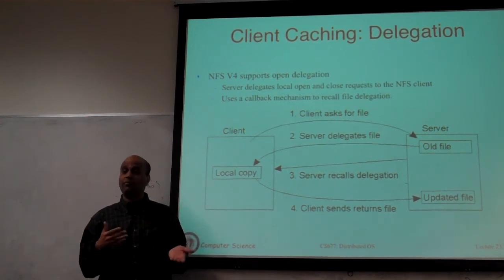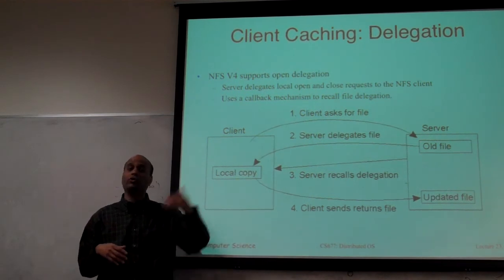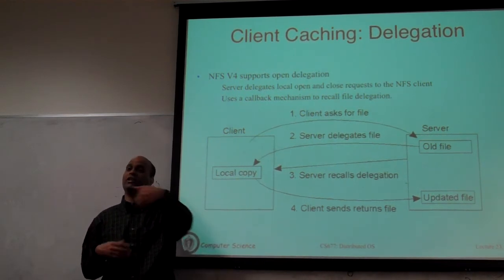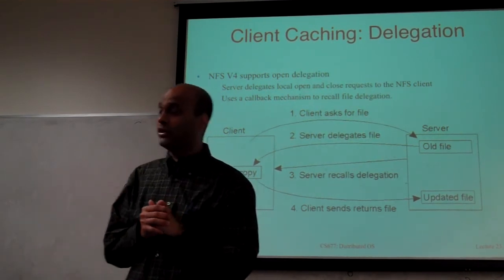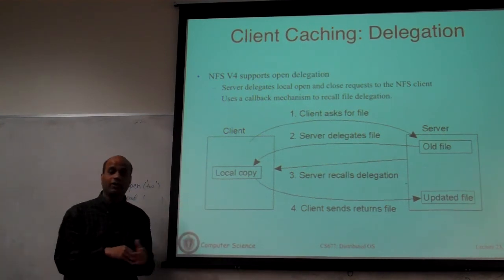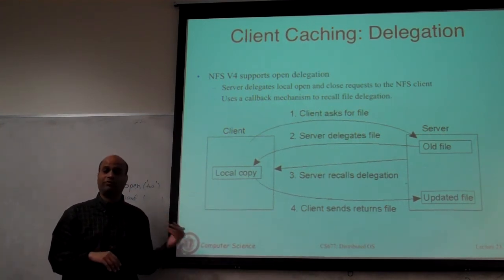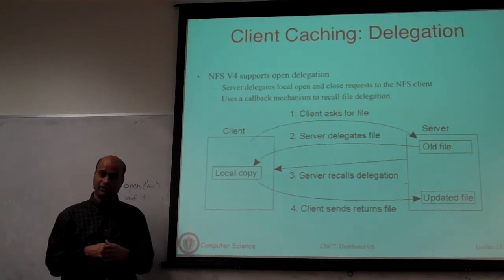But at the same time, because the server has to be stateful, because it needs to know that it has offloaded file A to machine A and B to another machine and so on. So being stateful reduces scalability. Okay, so that results in, actually it's a very interesting trade-off where delegation is put in for performance reason, but the fact that you are stateful also hurts performance and scalability.